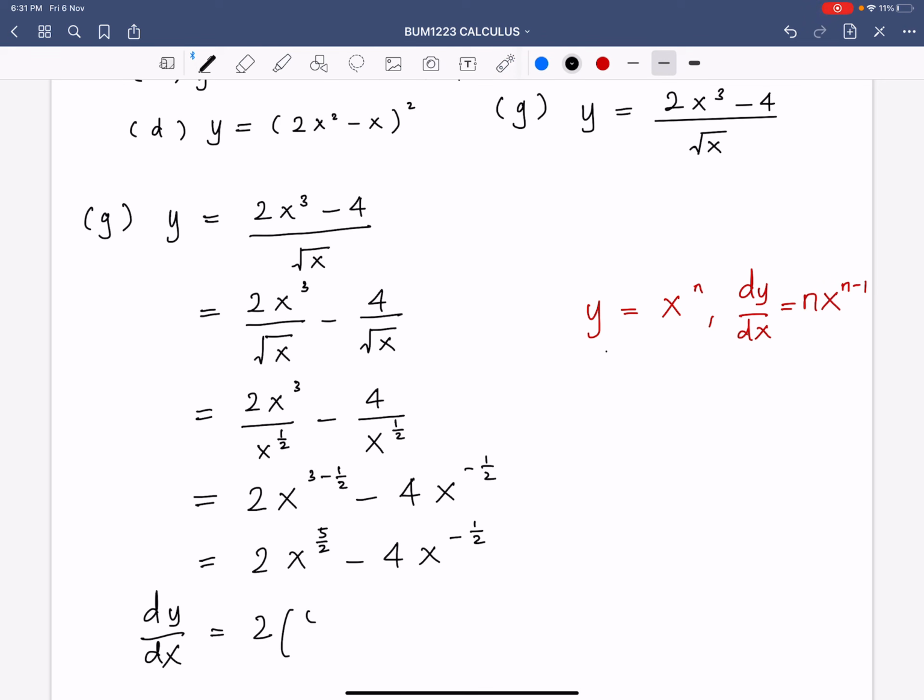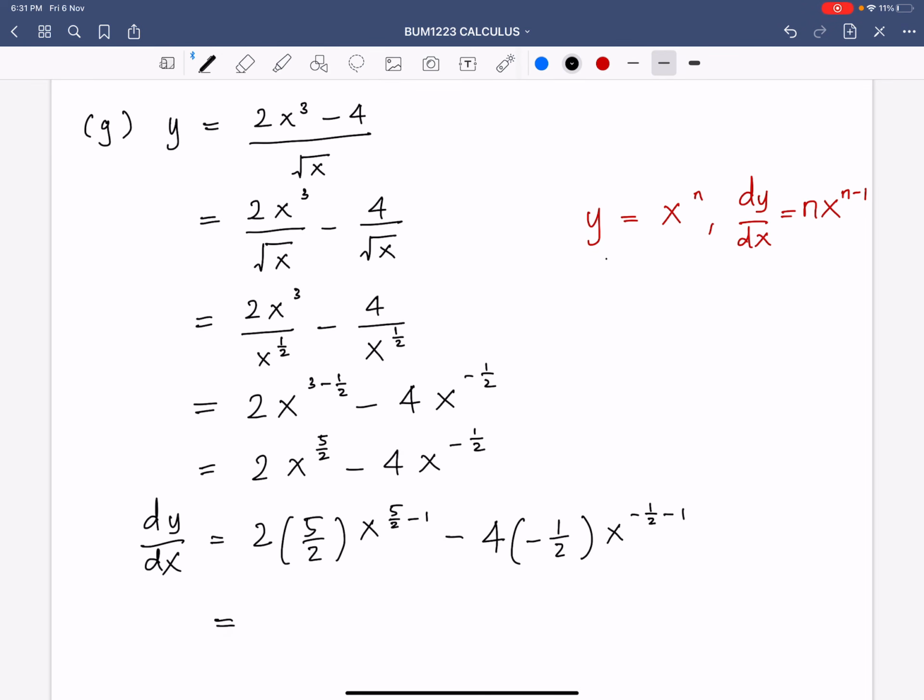Therefore, we have 2 times 5 over 2, x power of 5 over 2 minus 1. And then minus the constant 4 remains there, minus 4. And then we have x power of negative 1 over 2, where negative 1 over 2 is our n here. So 4 times negative 1 over 2 times x power of negative 1 over 2 minus 1.